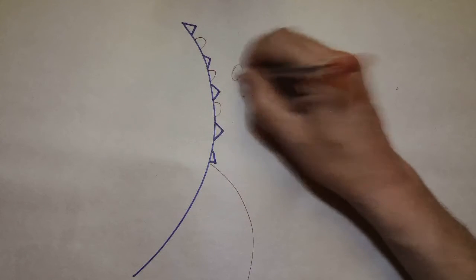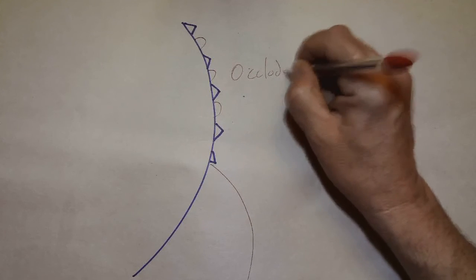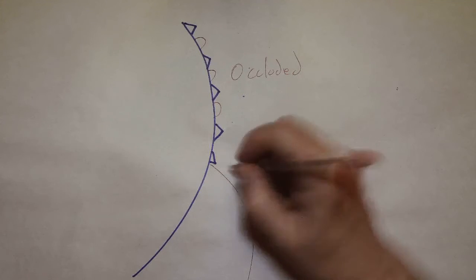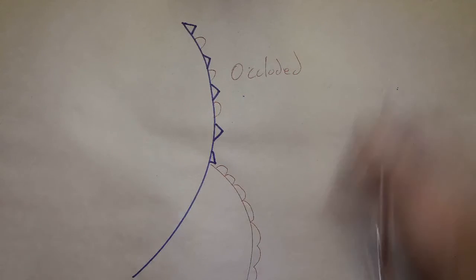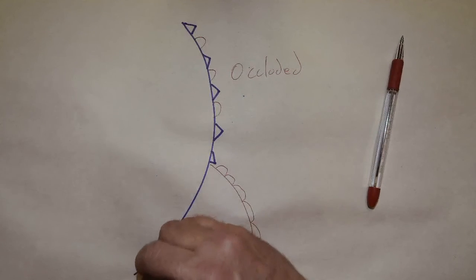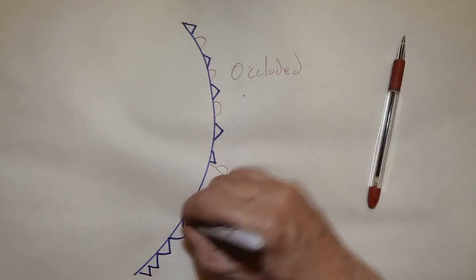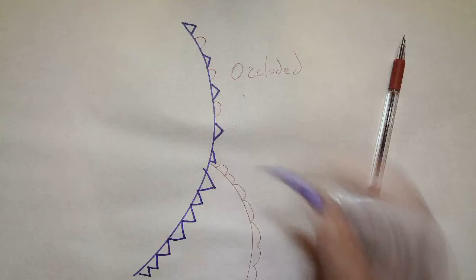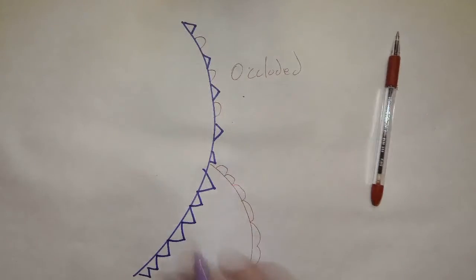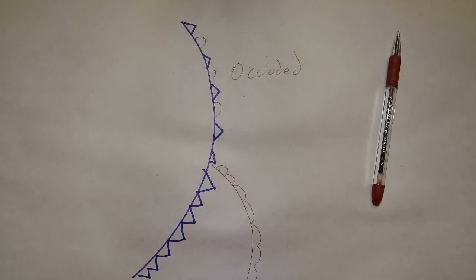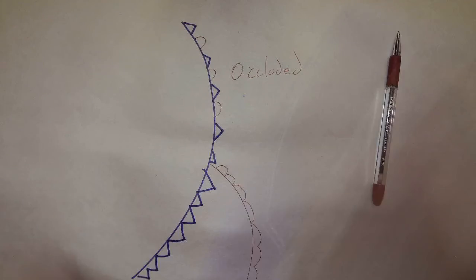Again, meaning this front is occluded. And we have then the warm front and the pure cold front. And you can see this process will continue. This will zipper up and kill the entire storm. The storm will linger out and eventually die.